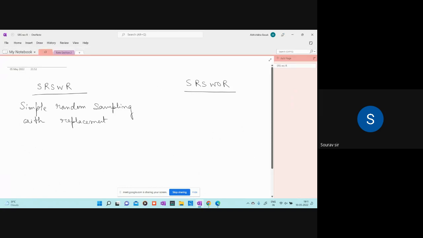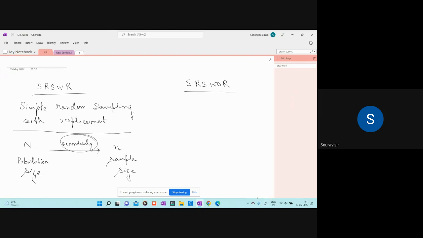You need to define that in words. Suppose we have capital N, the total population size, out of which we are selecting a sample of size small n randomly. This word is very important. We are selecting a sample of size small n randomly.